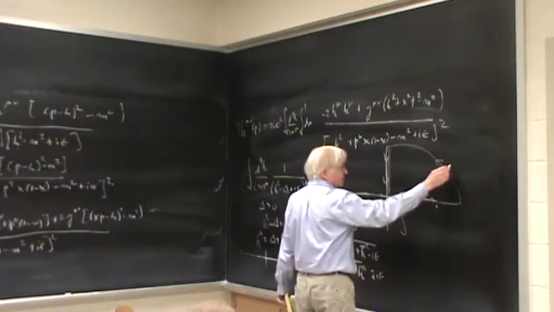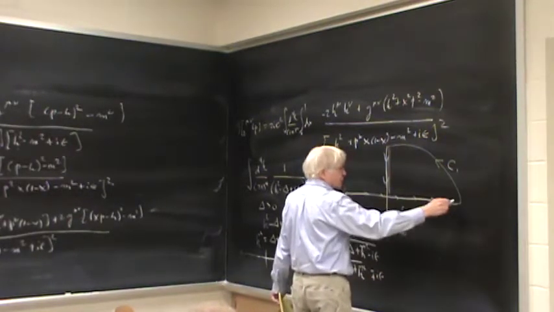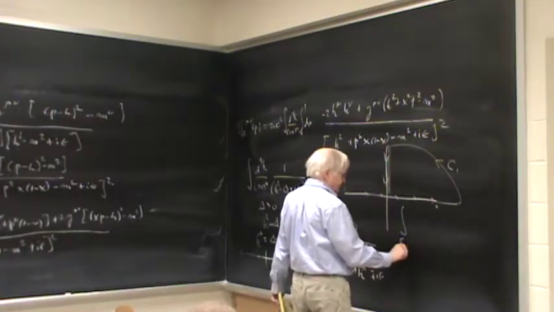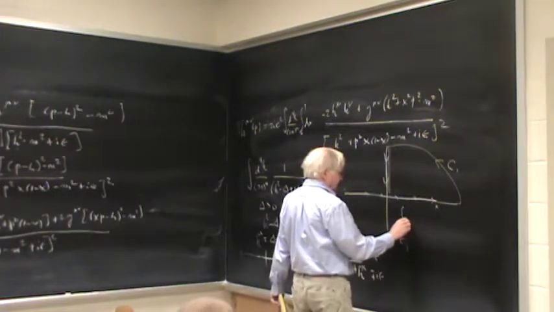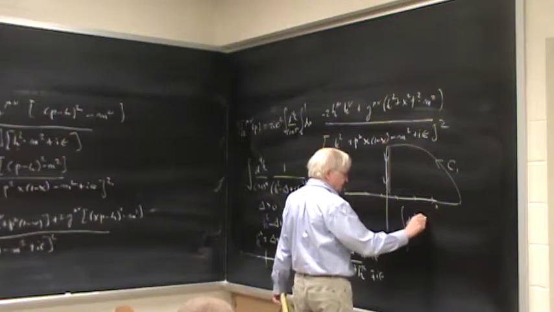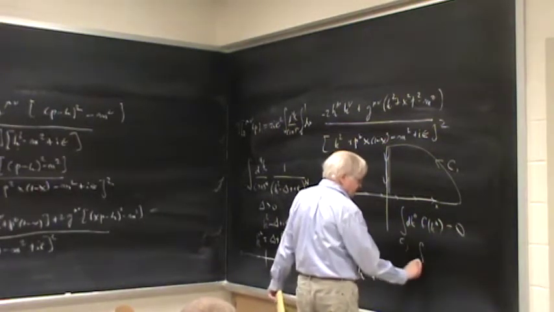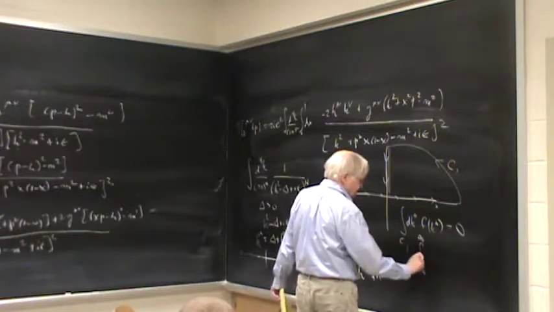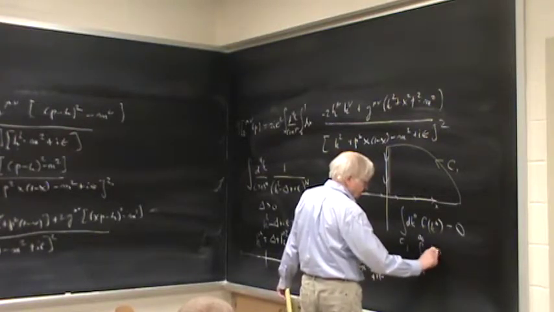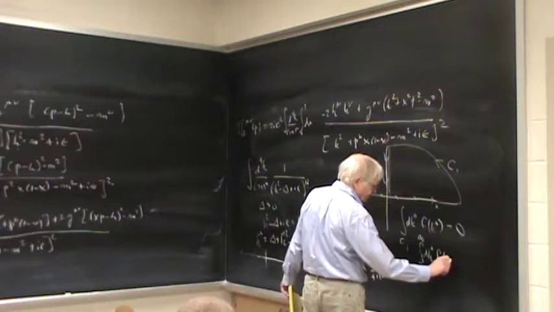So this integral along this contour, out, around, and down, of dk0 f of k0 is equal to 0. So the integral 0 to infinity dk0 of f of k0.